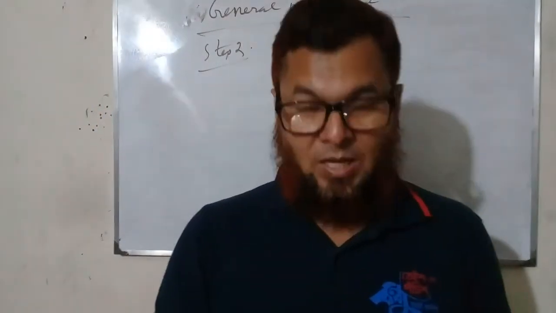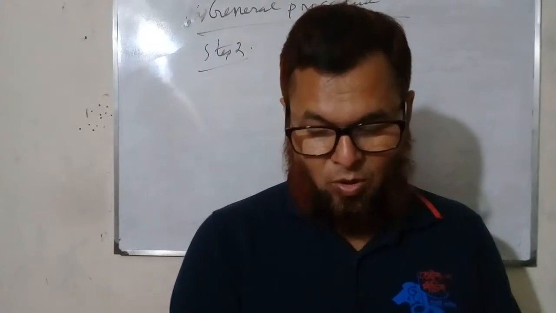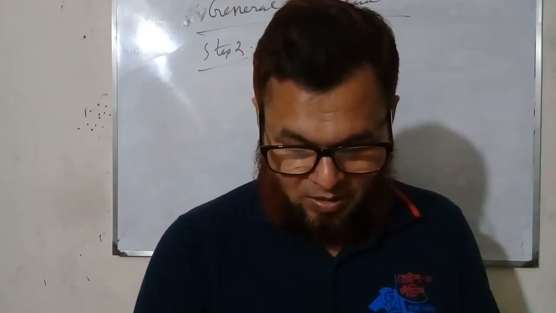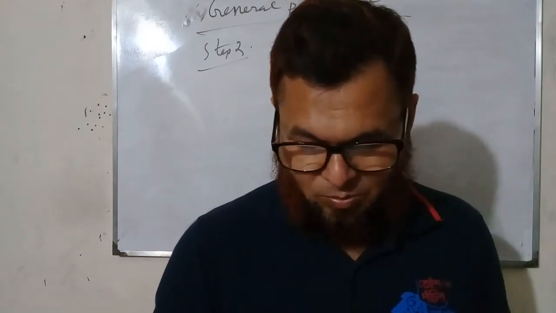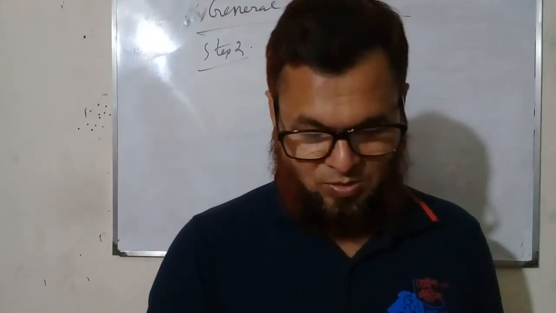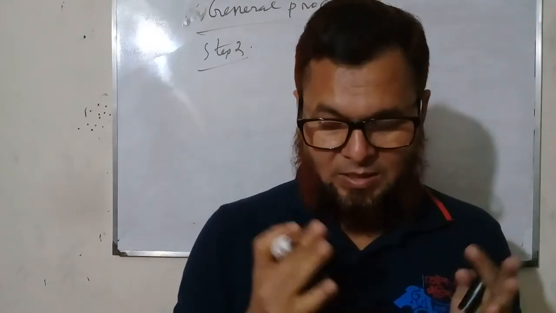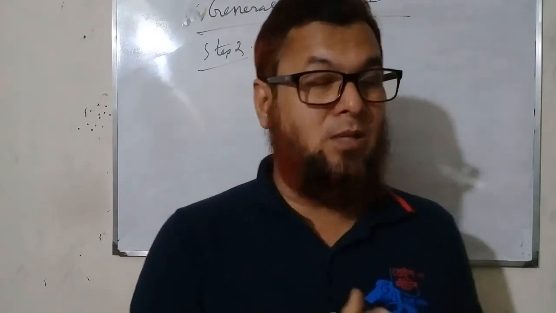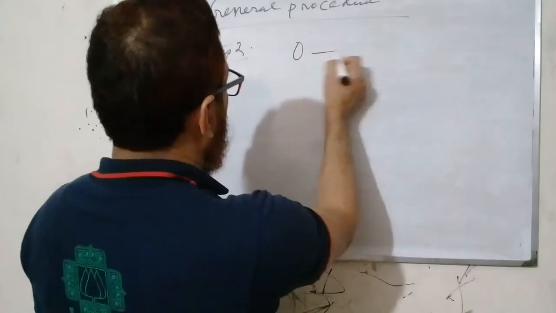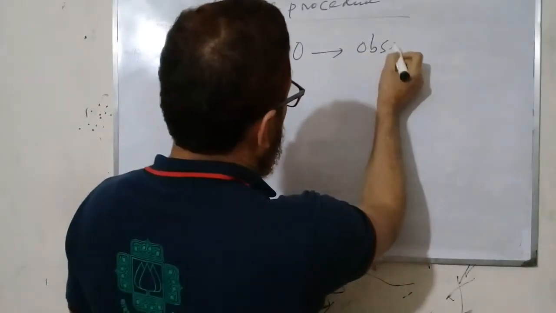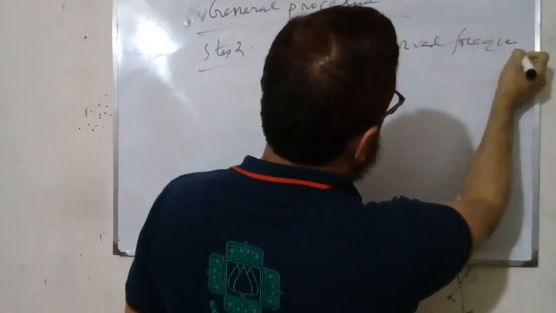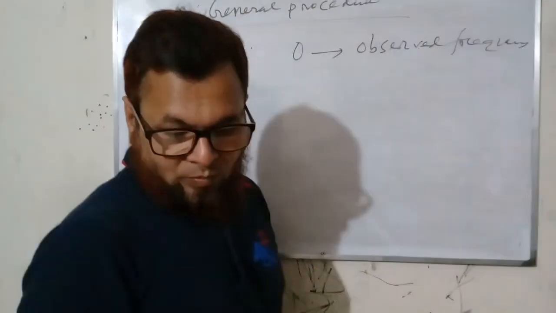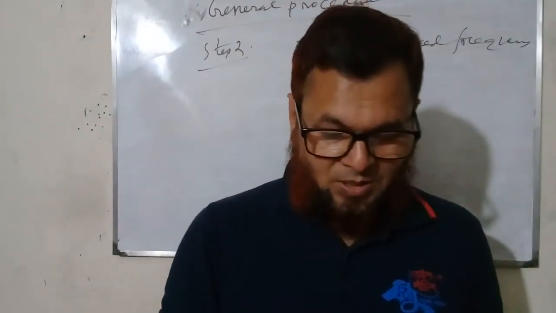Step 2. Select a random sample and record the observed frequency in each cell of the contingency table and calculate row, column and grand totals. That is, we select a random sample and distribute the sample observations in each cell.